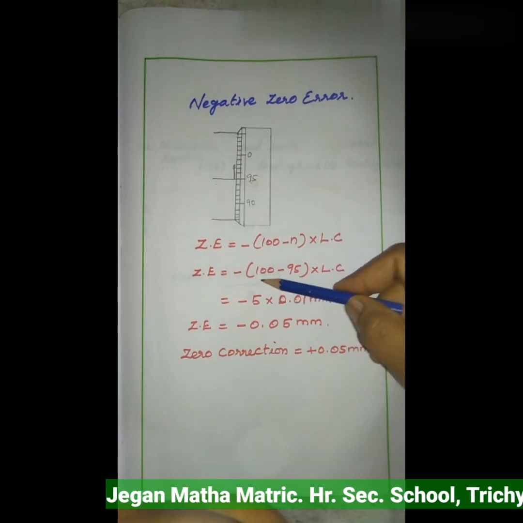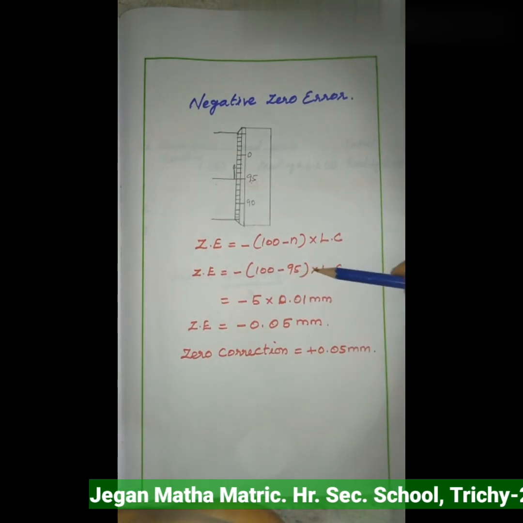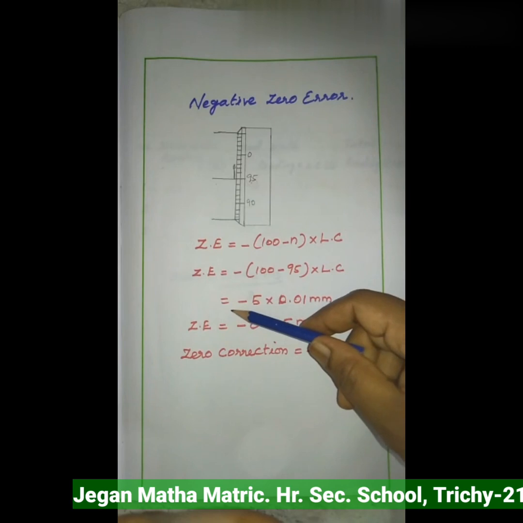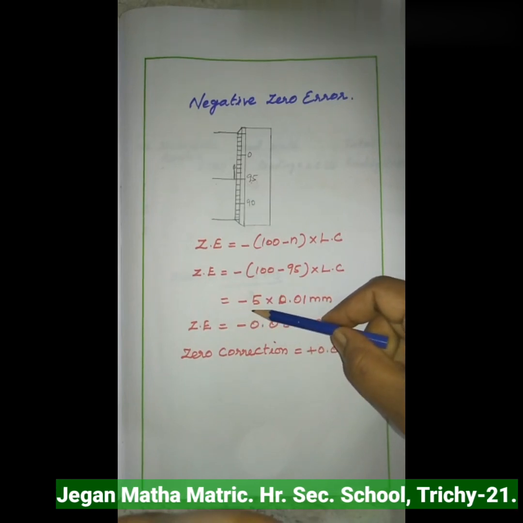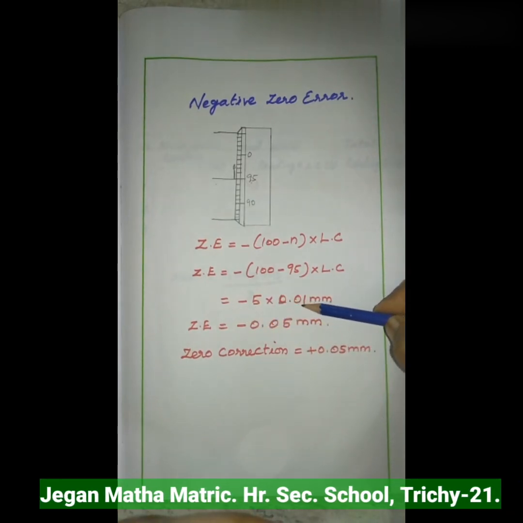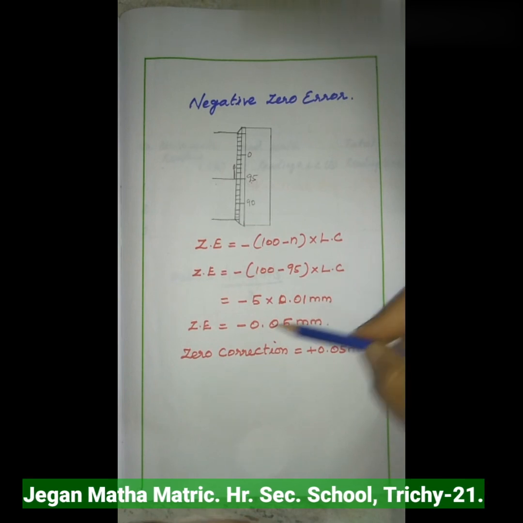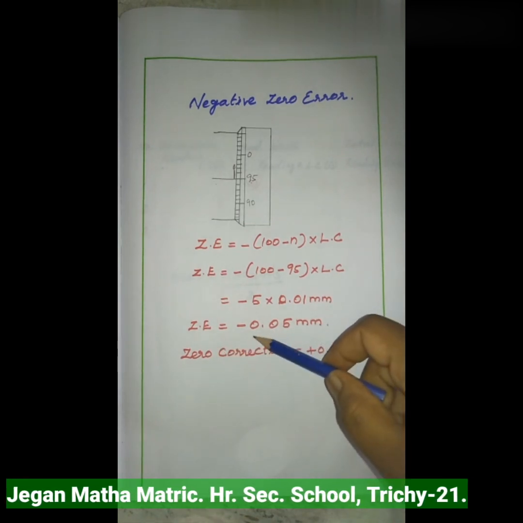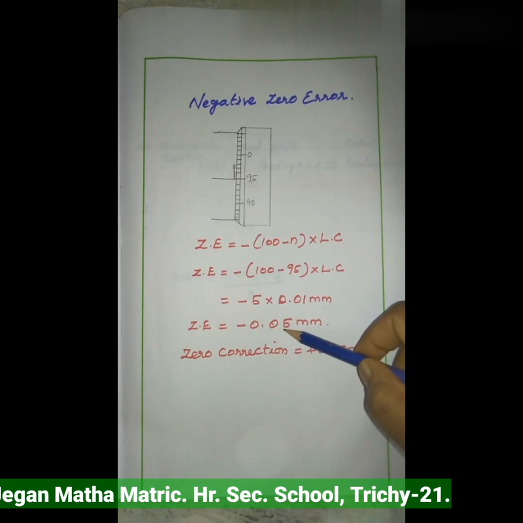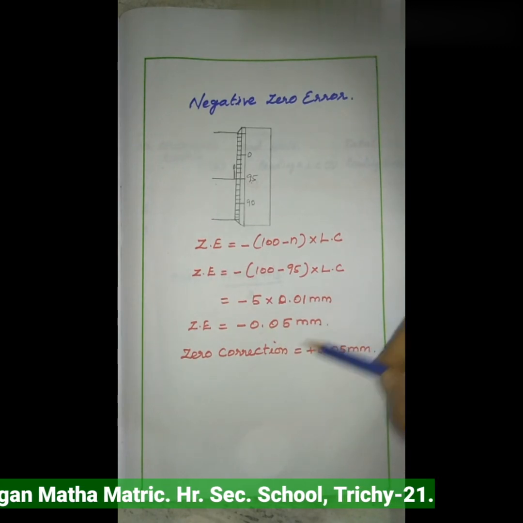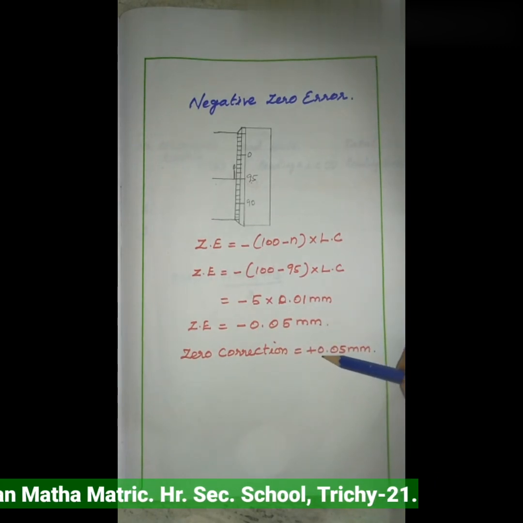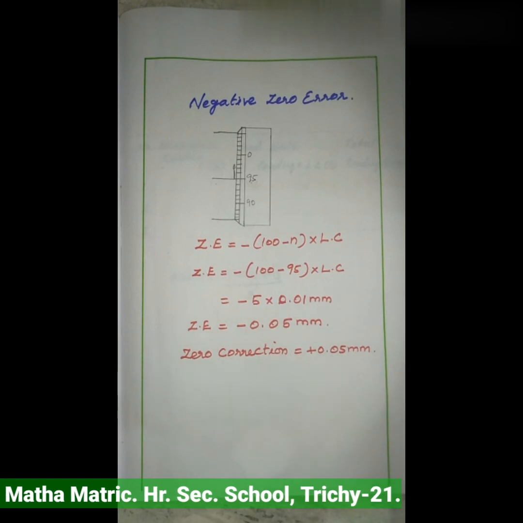So minus of 100 minus 95 into least count, so minus 5 into 0.01 millimeter. That is, zero error is equal to minus 0.05 millimeter. Zero correction is equal to plus 0.05 millimeter.